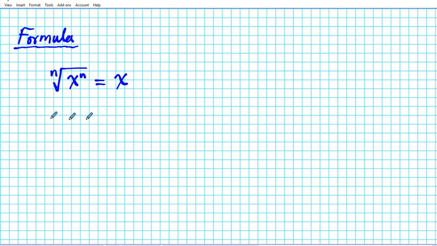Okay? So just to show you why that's the case, let's do a real quick proof using the properties of exponents. If you have the nth root of x to the n, this root can be written using rational exponents. The nth root of x to the n can be written as x to the n raised to the, you write the index as a reciprocal power, 1 over n.